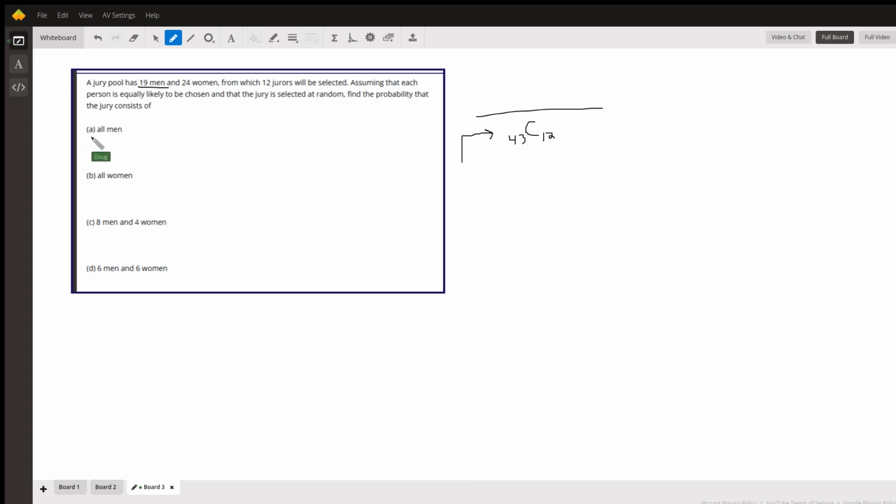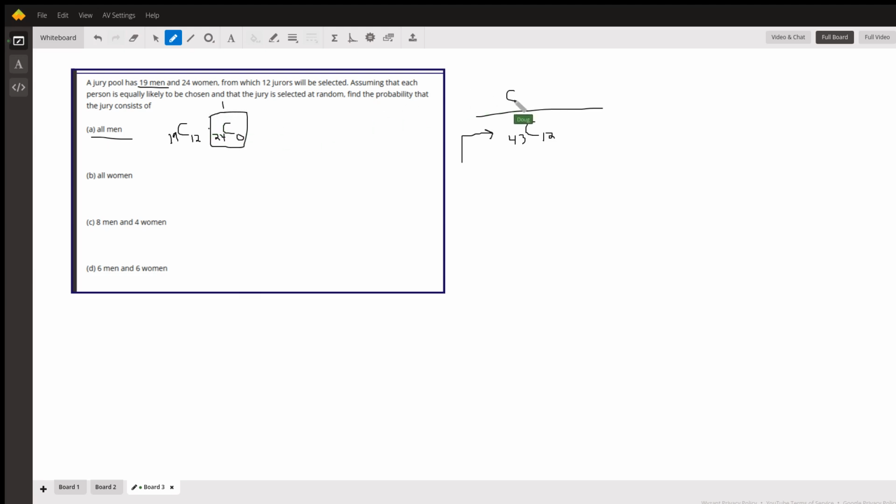Now, if we want all men, that means we've got 19 men to pick from, and we're going to take 12 of them. And the number of women will be 24 taken 0 at a time. And the combination of 24 things, when that number is a 0, this evaluates to 1.